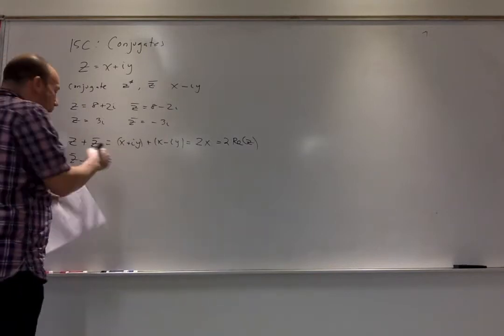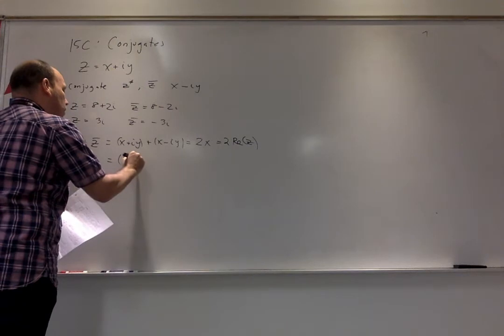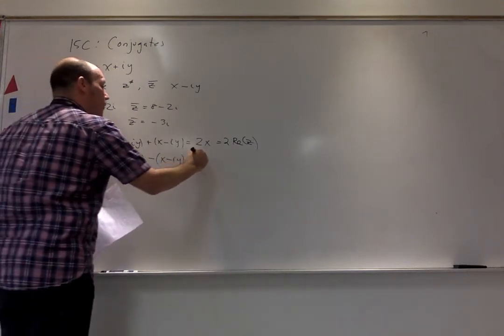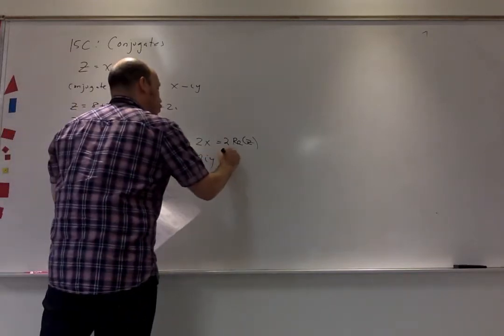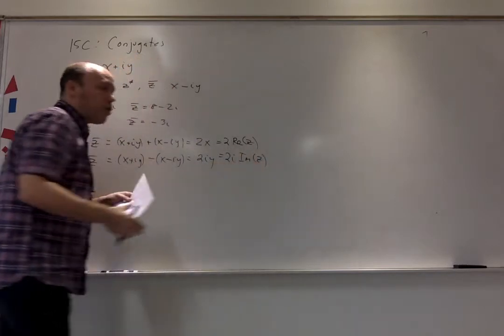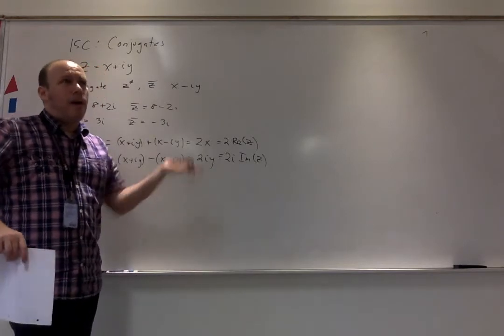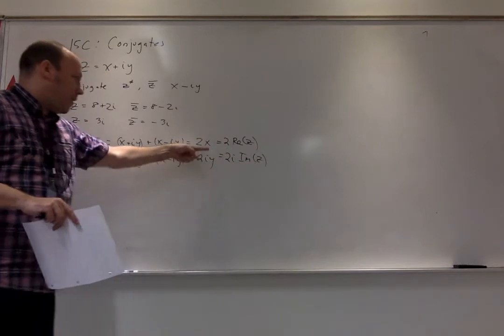When we subtract a number and its conjugate, x plus iy minus x minus iy, we have 2iy, which is 2i times the imaginary part of z. We saw this in a previous lesson, and we're going to need these two things.